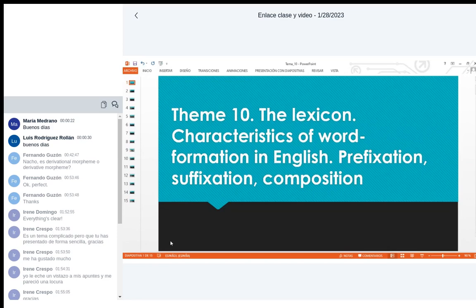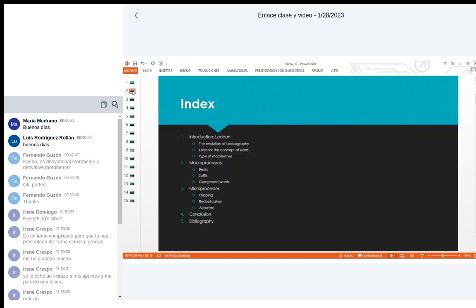So making them reason and understand why those words are formed, or why there is a particular word order or a particular word formation in this field. So that's why this theme, I believe, is very important for us as teachers, because it allows us to give the basis of the lexis or the lexicon of the language.